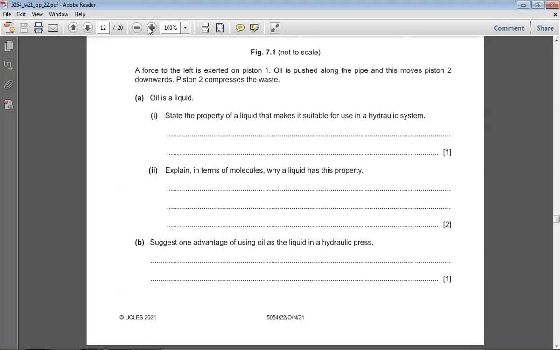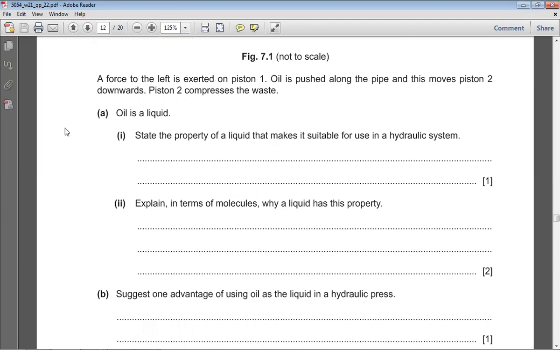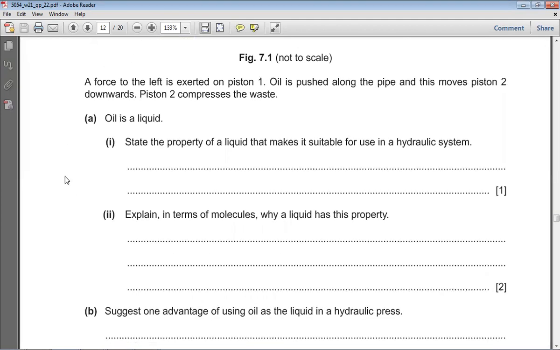Oil is a liquid. The question is: state the property of a liquid that makes it suitable for use in a hydraulic press. The most important characteristic of the liquid we use in the hydraulic press is that it should be incompressible.